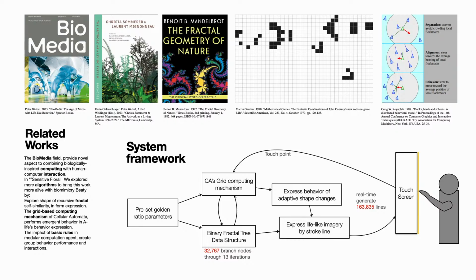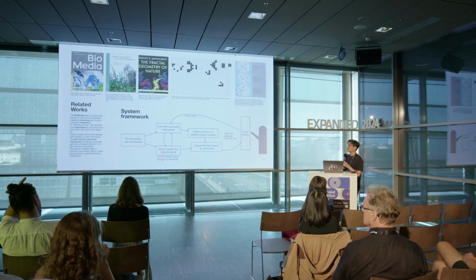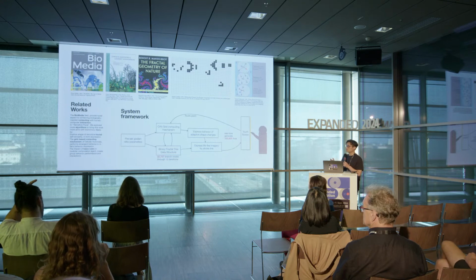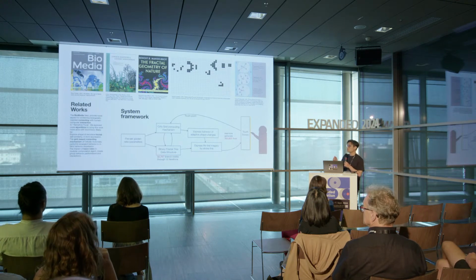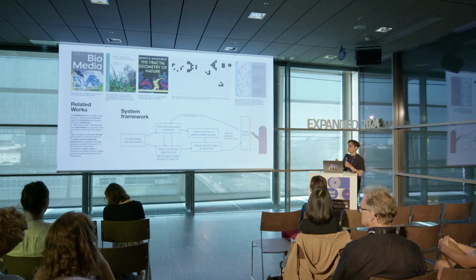So I was thinking about using a fractal tree structure, and also making some geometry design to develop recursion rules, and use this way to grow a kind of virtual creature. Then I use grid computation to set up some mechanism between the branches. I treat each branch like a cell.